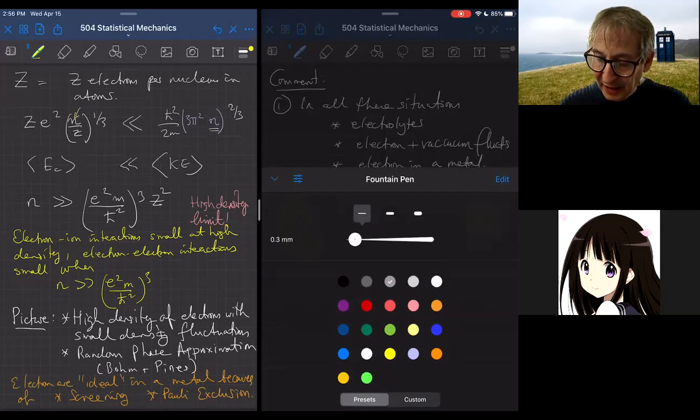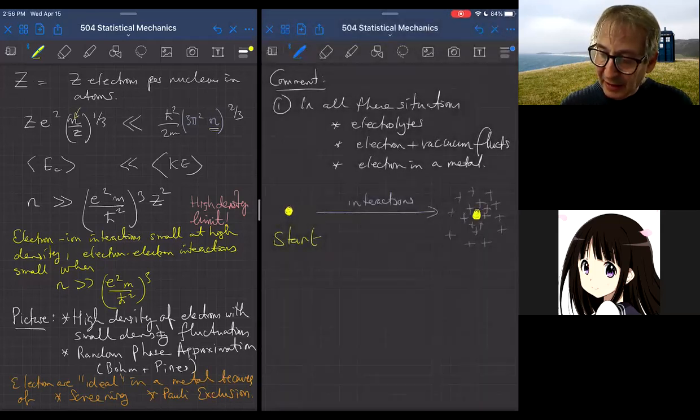This whole object behaves like some composite particle.